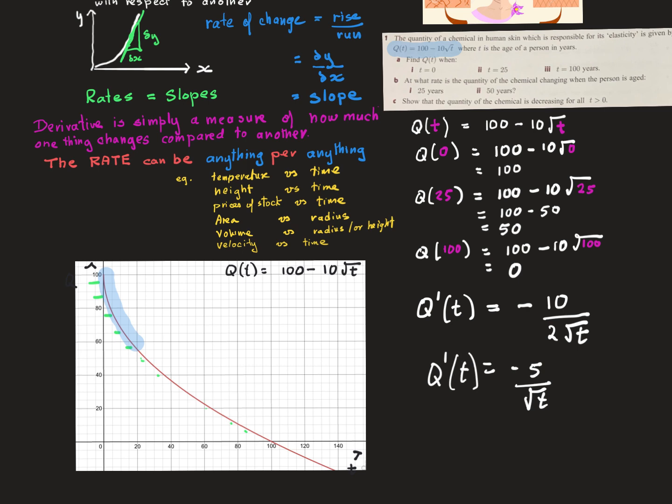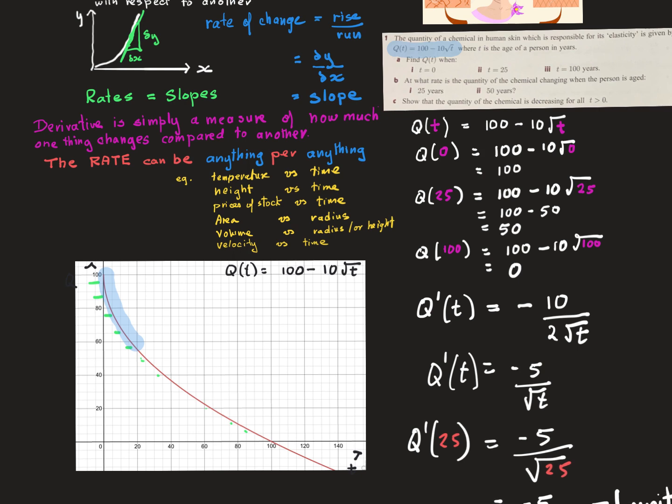So using this rate of change, if we wanted to look at someone who is 25 years old, we would insert that in as minus 5 over the root of 25, and that will give us minus 5 over 5, which is equal to minus 1 unit.